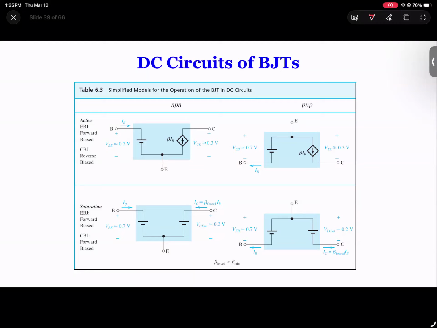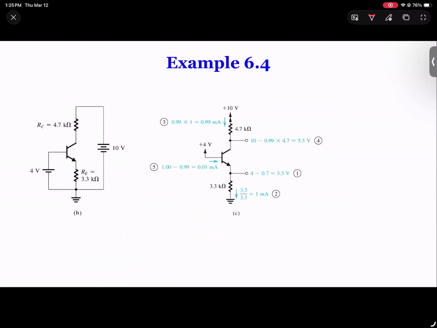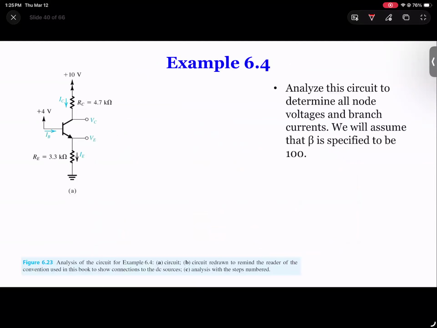These are the equivalent circuits that you will use quite a bit. Okay, so we're going to do another example, to go over the different operating conditions.